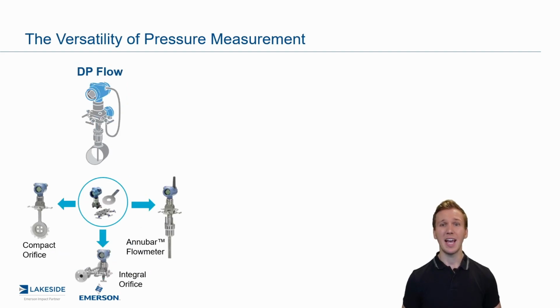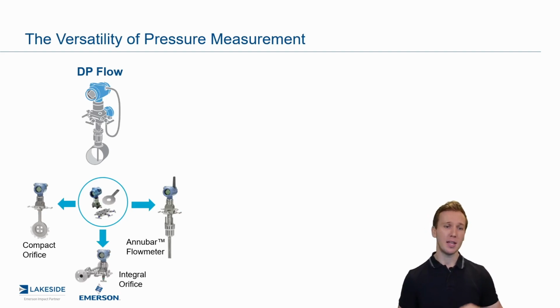So utilizing a differential pressure transmitter, we can measure a flow rate. Now we can do this with just the transmitter itself connected with impulse lines, or we actually have fully compensated real-time mass flow solutions. And so what we do is we assemble what's known as a primary element to the differential pressure transmitter.